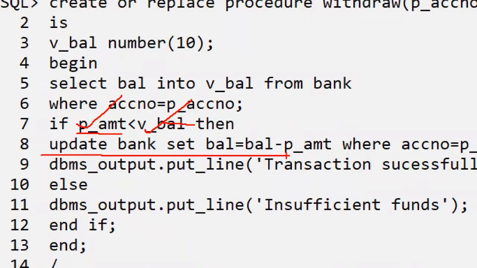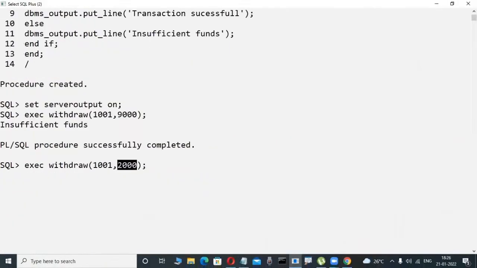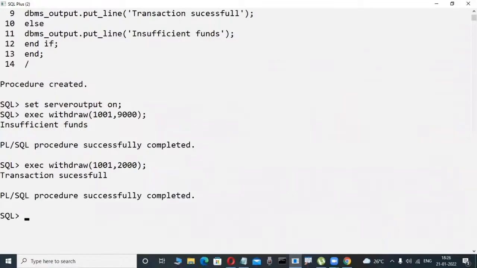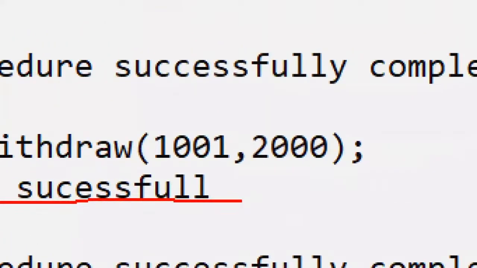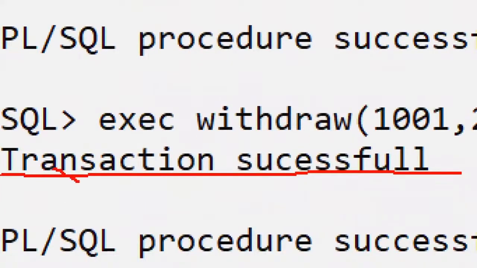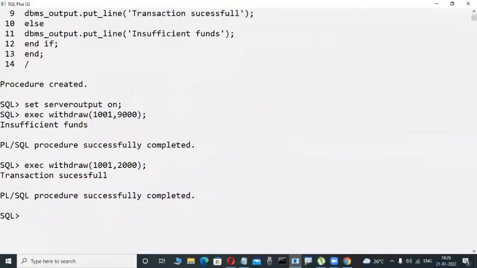Bank updating is modifying that one. The transaction is successful. Now whenever I'm executing, I want this automatically, the message transaction successful will display. You try to withdraw 2,000 rupees from 3,000 rupees, it is possible, transaction is successful. How is it possible?